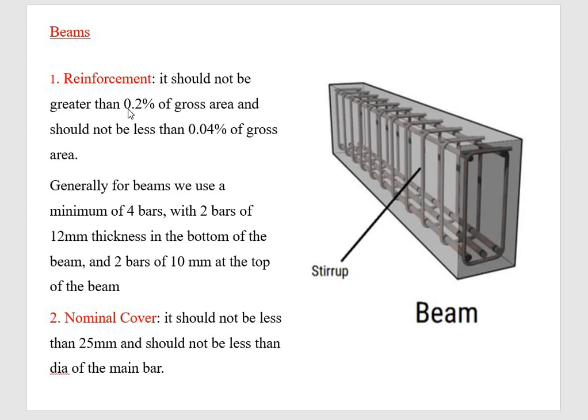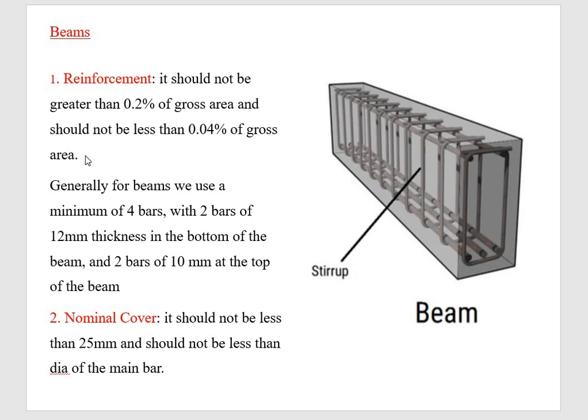Here about the reinforcement, you can see it should not be greater than 0.2% of the gross area and should not be less than 0.04% of the gross area. These values are important.